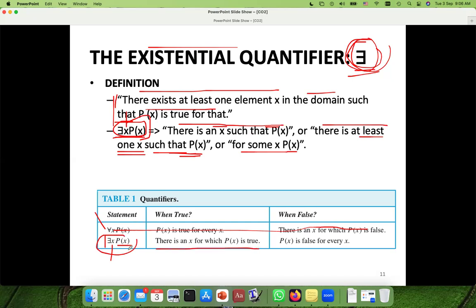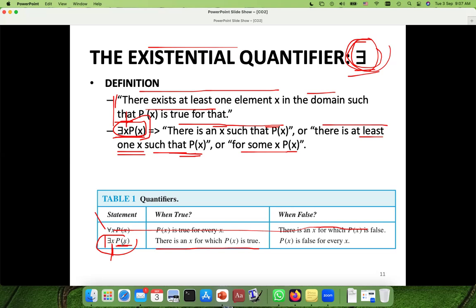And when will this statement be false? When you do not find any one value for which p of x is true. When you do not find any value for which p of x is true, it means for all values of x, p of x is false. Just think, okay? There is quite a clear chance of making mistakes in these definitions.